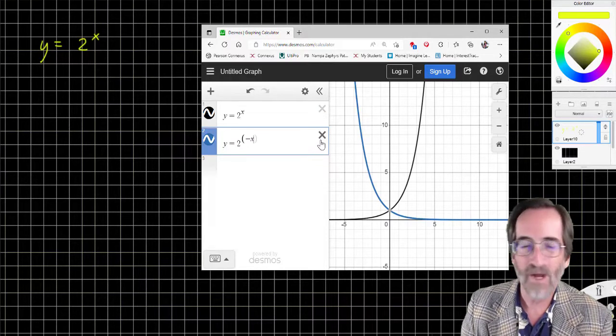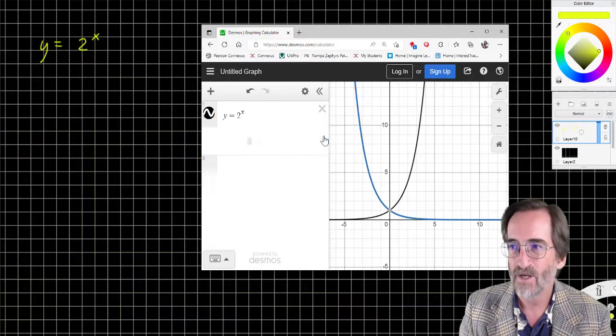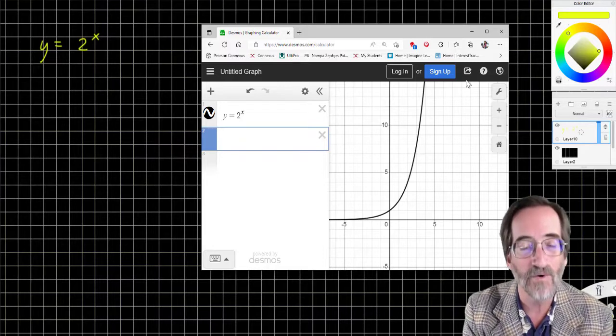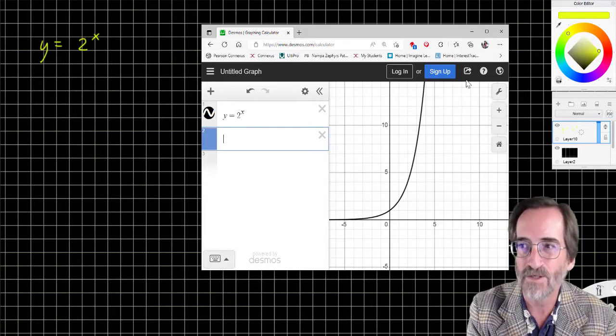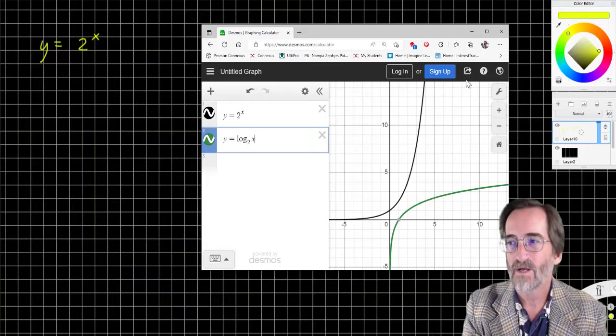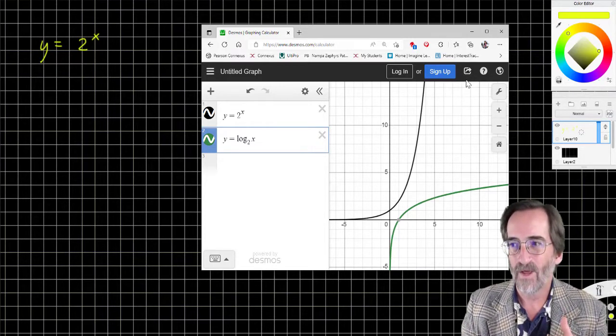So that's the parent function for exponential functions. Logarithmic functions are the opposite, or not reciprocal, the inverse function of the exponential function. So if I say y equals log base 2 of x, that is the inverse of that function.